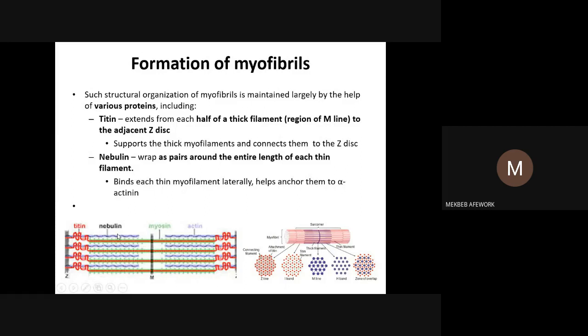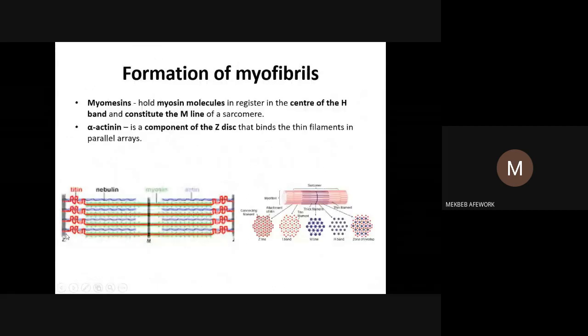There is a second one which is named nebulin. Nebulins are wrapping around the thin filament, binding this thin filament again to the Z disc. We have other ones named myomesins. Myomesins are making cross-links of the thick filaments right in the middle. It is the one we said makes the M line.